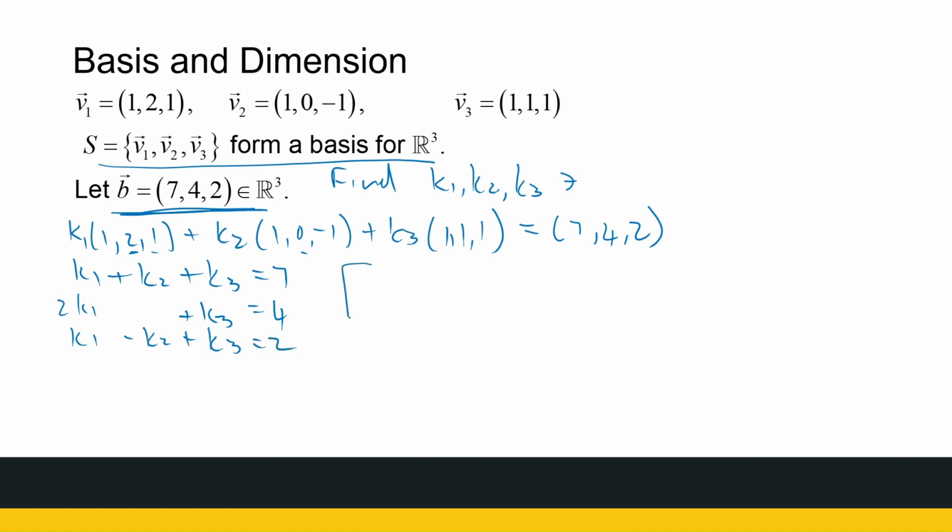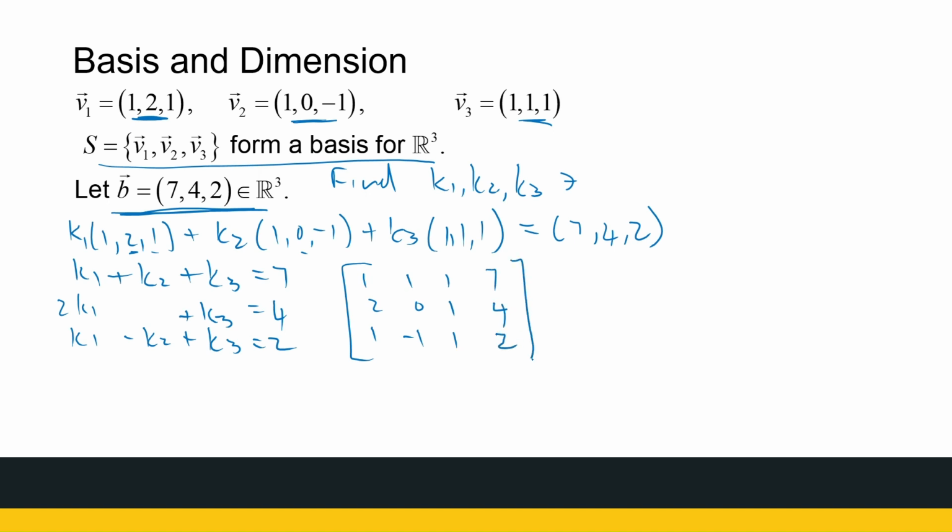So we look at the augmented coefficient matrix, because I want to solve for k1, k2, and k3: 1, 1, 1, 2, 0, 1, 1, minus 1, 1. If you haven't picked up on it yet, the columns of the coefficient matrix are just the vectors v1, v2, and v3. The augmented column is 7, 4, 2.